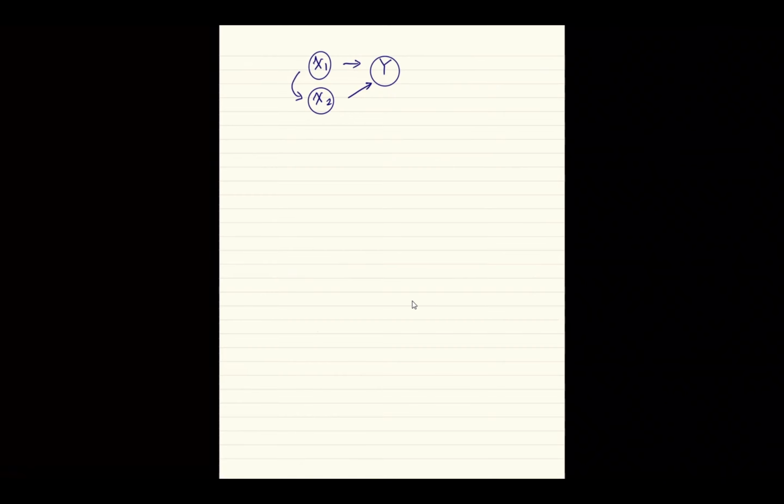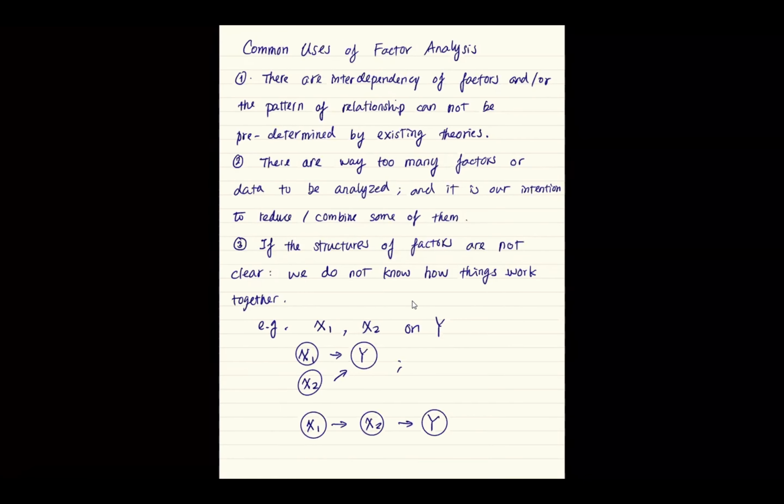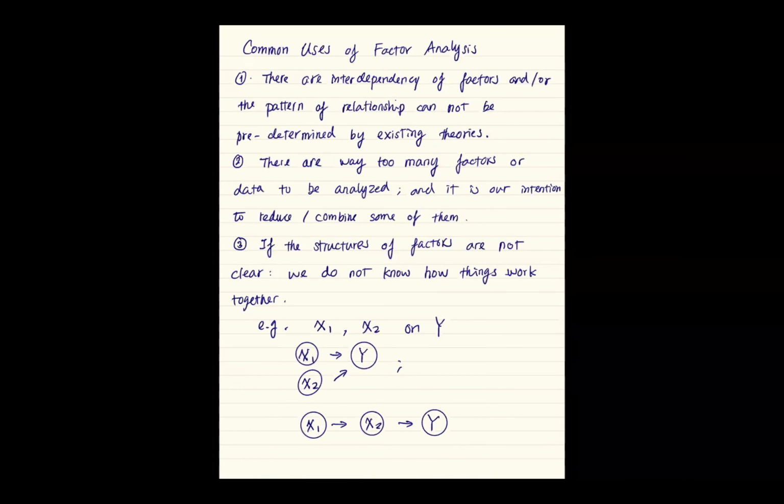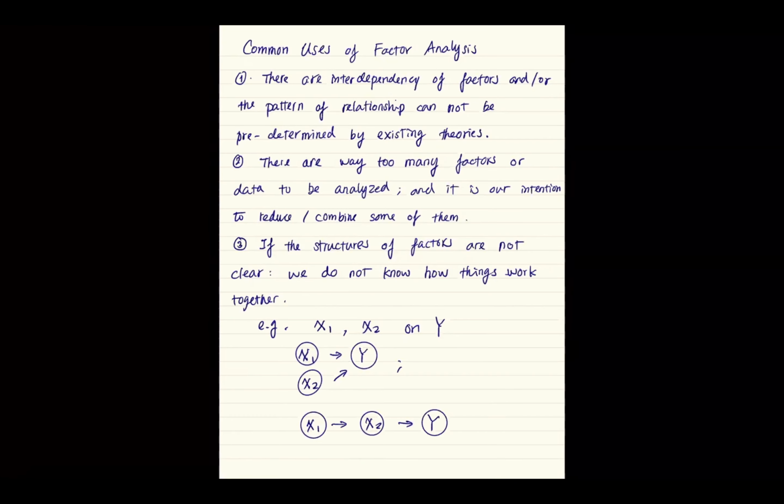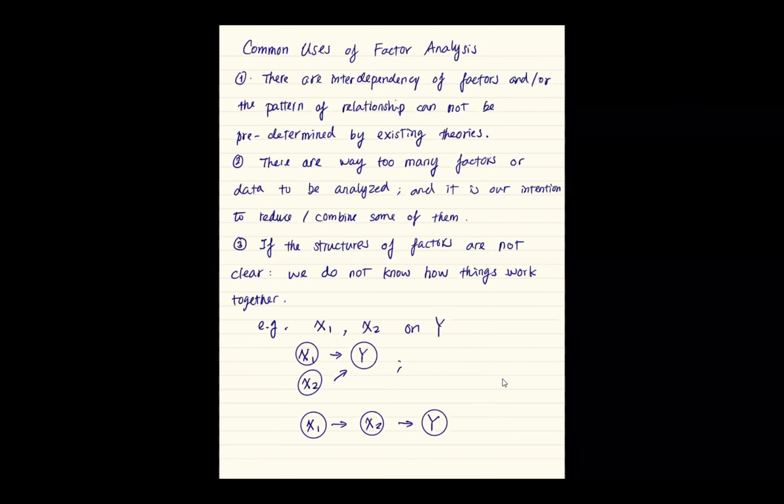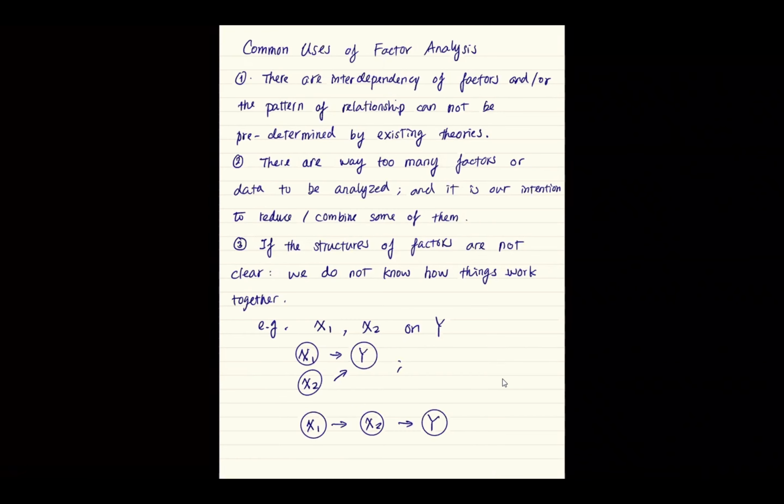Okay, so when we have this kind of relationship existing in our factors, meaning the structure of the factors is not clear, then we probably need to use factor analysis first in order to create a clear picture of how they work together.